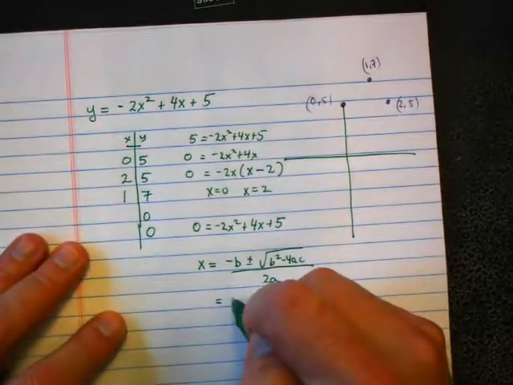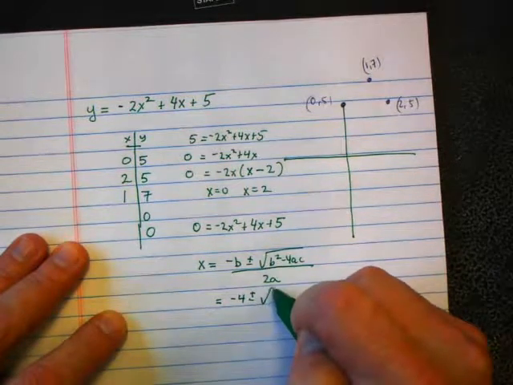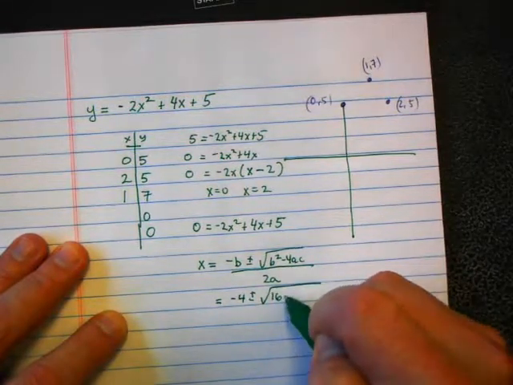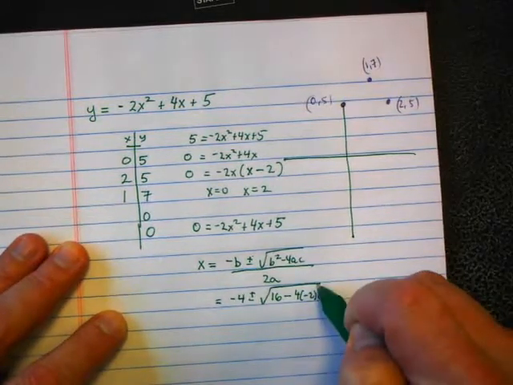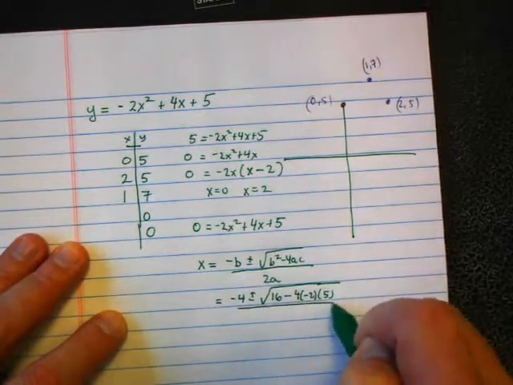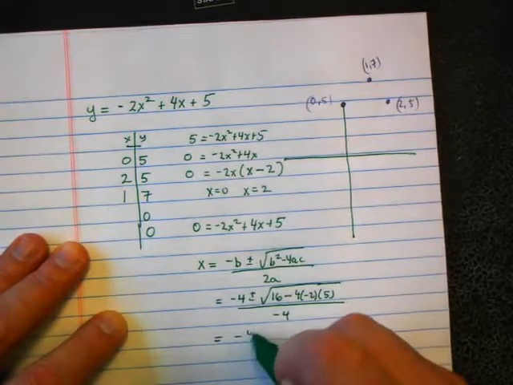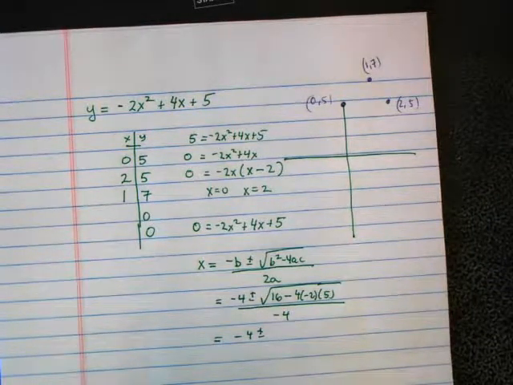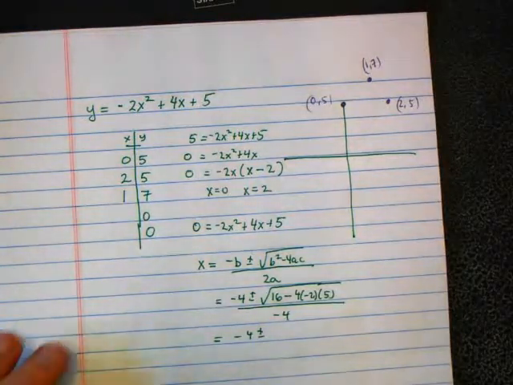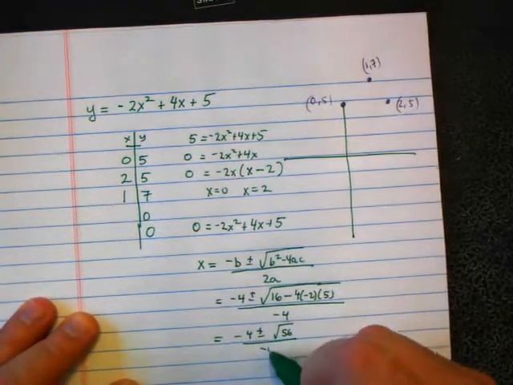So that's going to be negative 4 plus or minus the square root of 16 minus 4 times negative 2 times 5, all over negative 4. So that's negative 4 plus or minus, good time to grab my calculator. Oh, I guess I really don't need it. It's 16 plus 40, that's 56. Over negative 4.